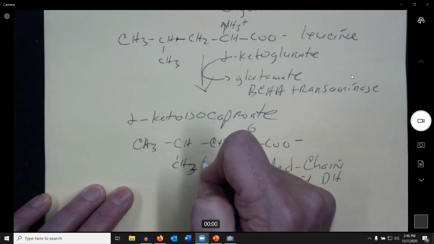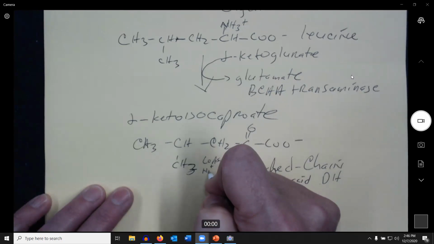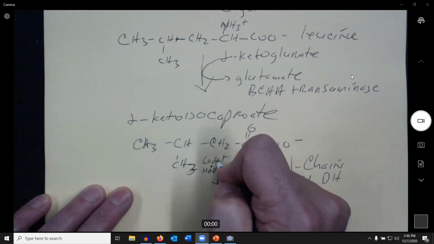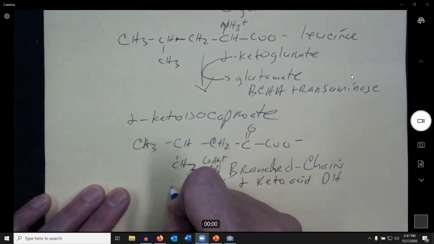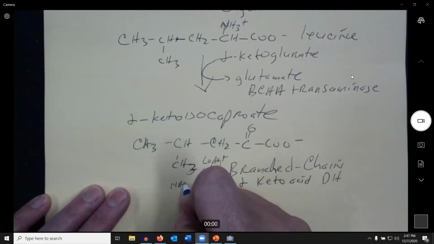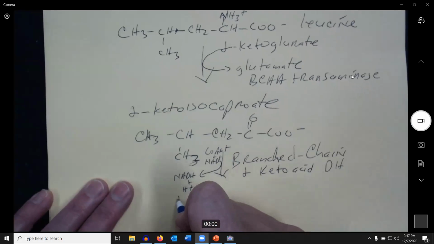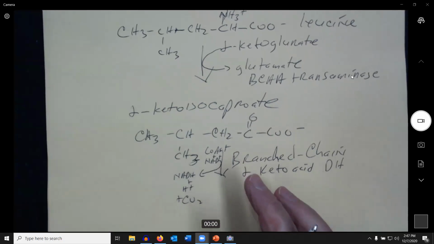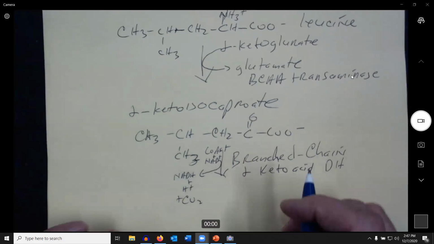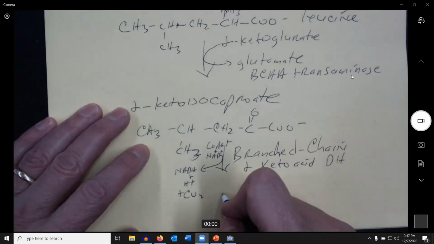So you'll have free coenzyme A plus NAD. Those are then going to give you reduced NADH plus a hydrogen ion plus CO2. So you get an oxidative decarboxylation, essentially, just like the other reactions we're so very familiar with.